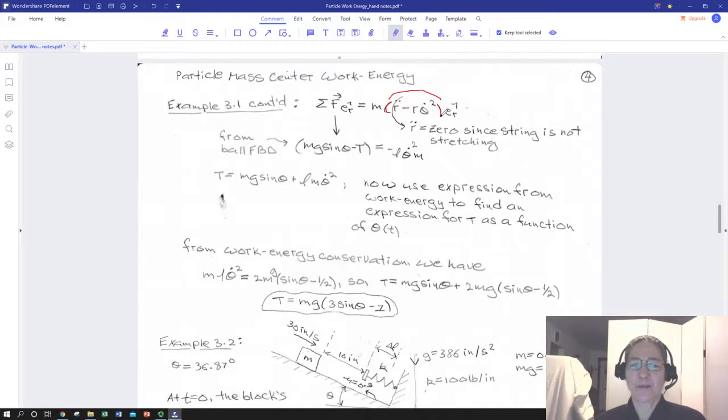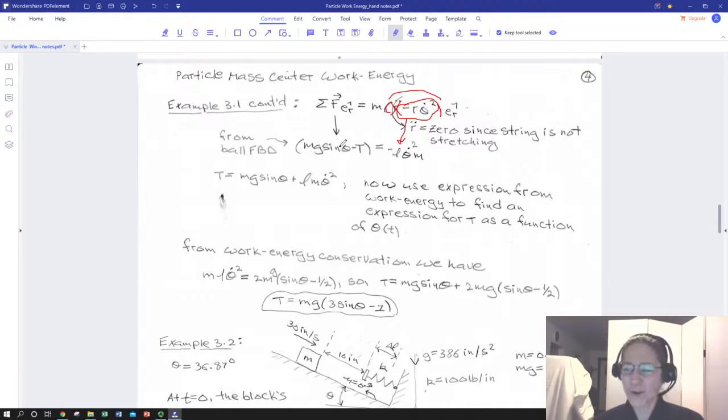But because the string is not stretching or breaking, r dot is 0, r double dot is 0. So we just have this term left. And of course the value of r is L. So this comes down. We multiply by an m. ma in the radial direction equals the sum of the forces.